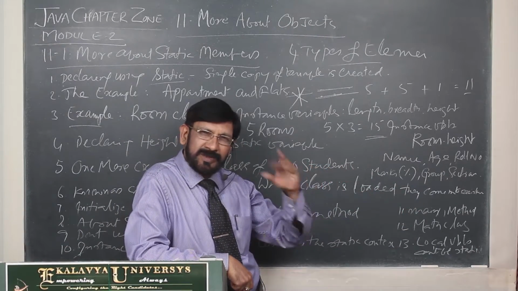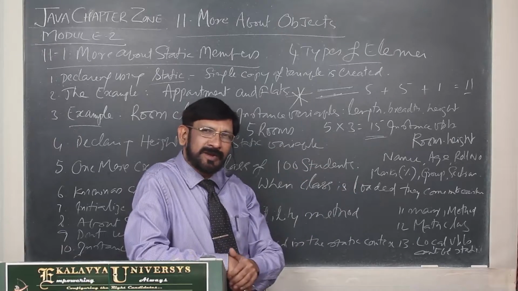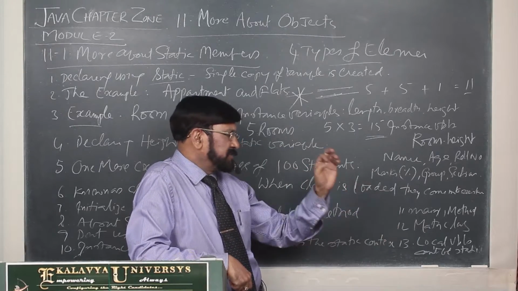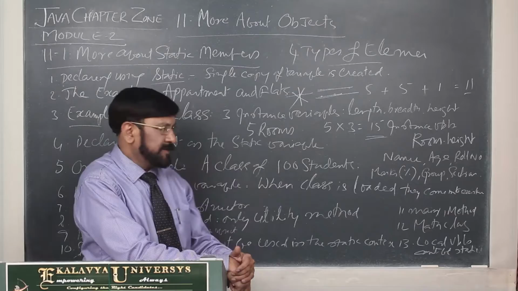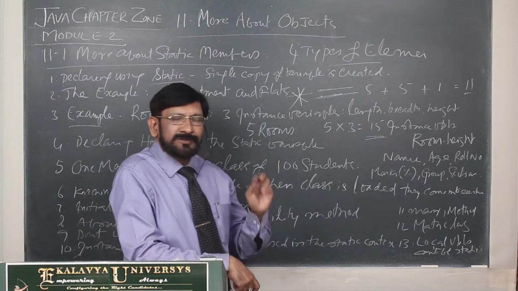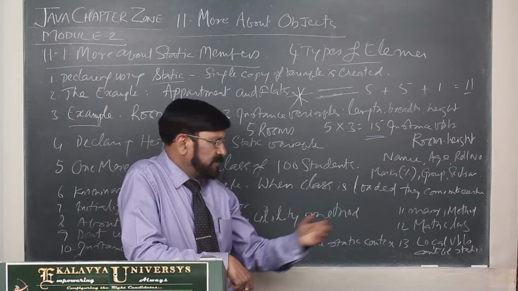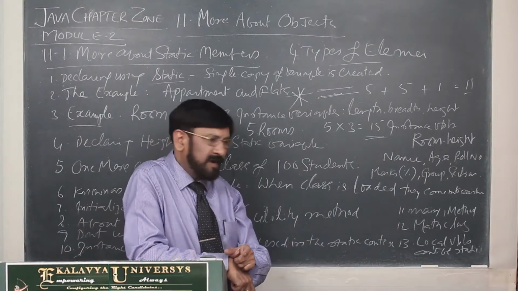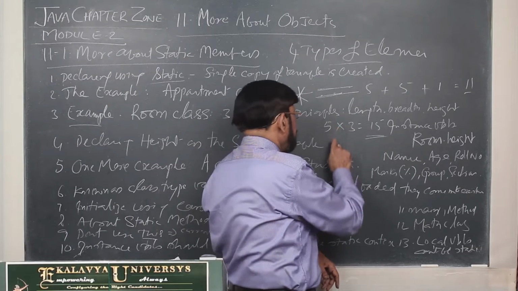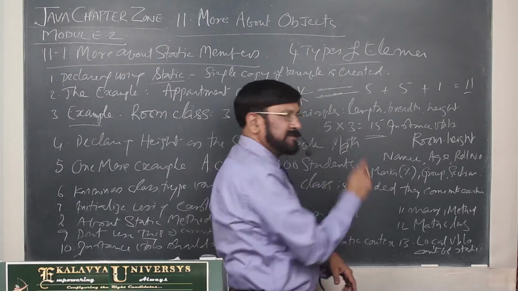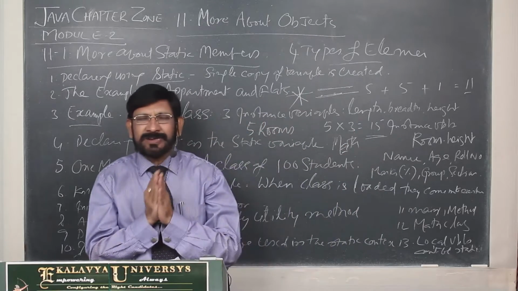That is simple logic. There are many other reasons. Gradually you can understand. And one more best example for static elements I can give you: the Math class, java.lang.Math. This Java language package provides one class called Math, M-A-T-H. It provides all static elements only.